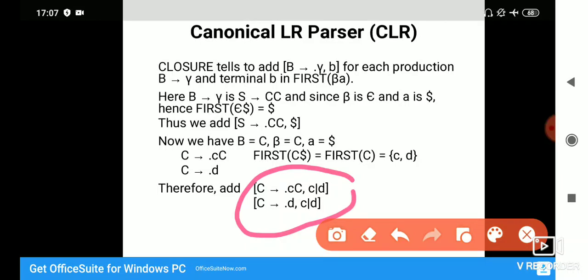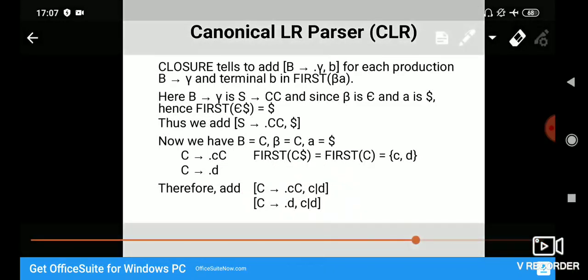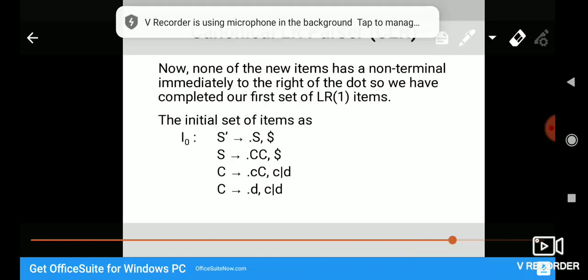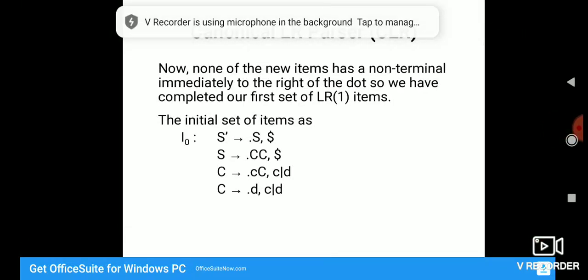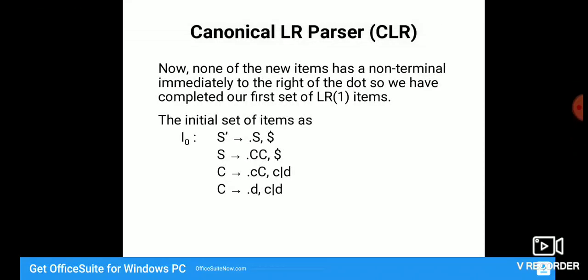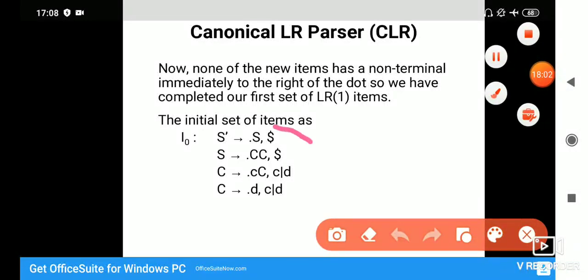Clear? So if I combine it together, we can see that we get the initial set of items, I0. I0 is what?